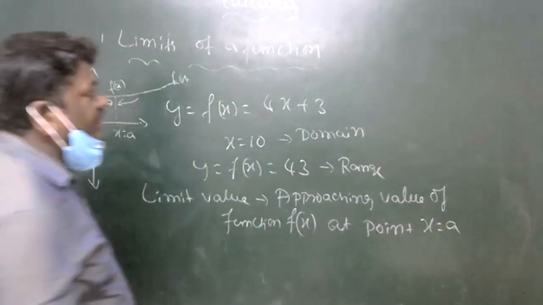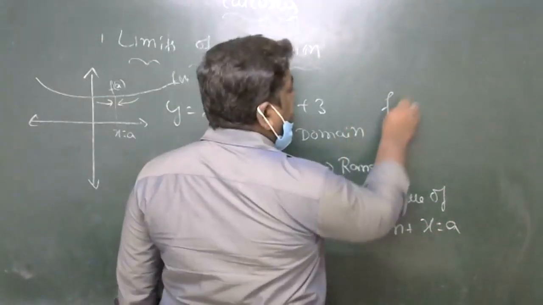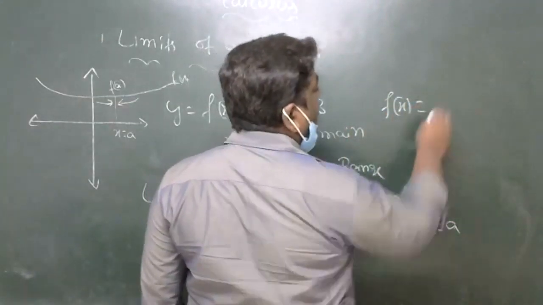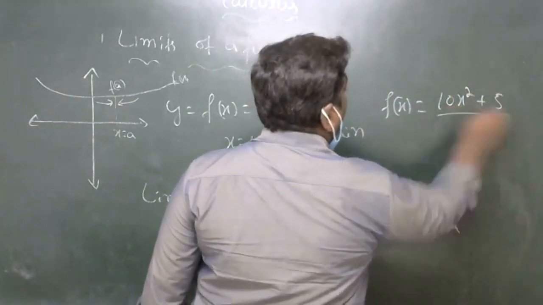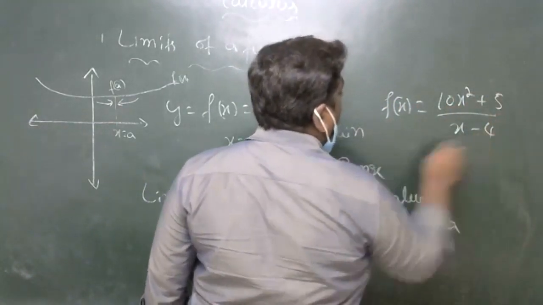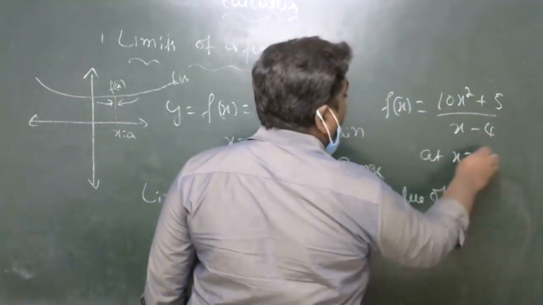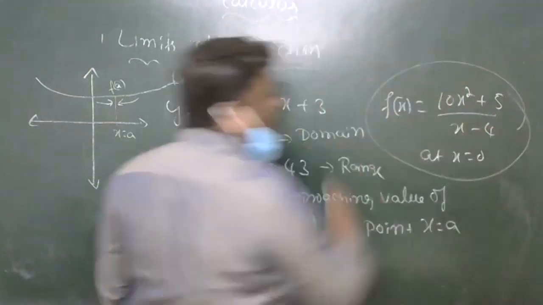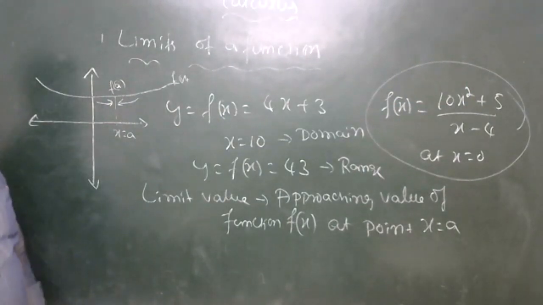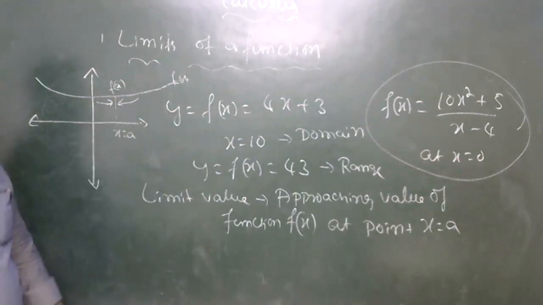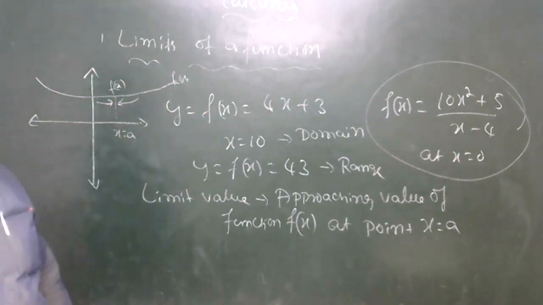For example, if you take f of x is equal to 10x square plus 5 divided by x minus 4, at x is equal to 4 the function is not defined. The algebraic value you can't get, but you are going to get limit value.